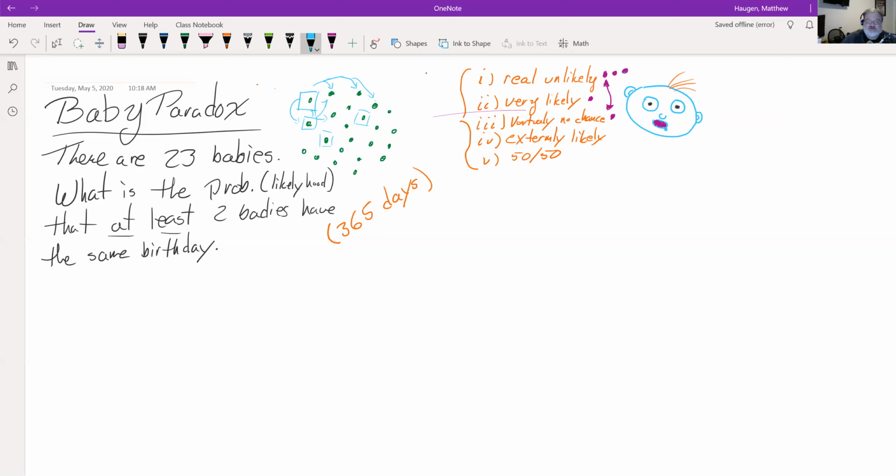What's much easier to do is to change the question. It's a very common thing to do in probability. We want to know the probability that at least two babies have the same birthday, and I want to look at our question's complement.